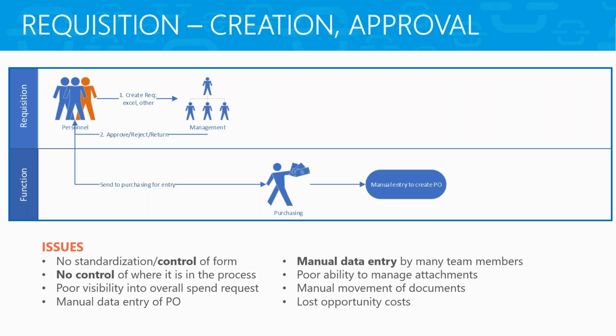They have no visibility of where that requisition is in the process. They want an easier tool for their managers to approve this document, and then ultimately they do not want to have to re-input data into the purchase order screens. They want to take that data from the requisition and push it into the purchase order entry window.